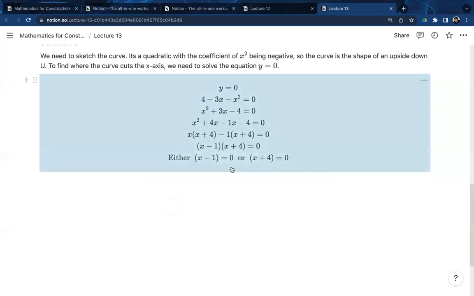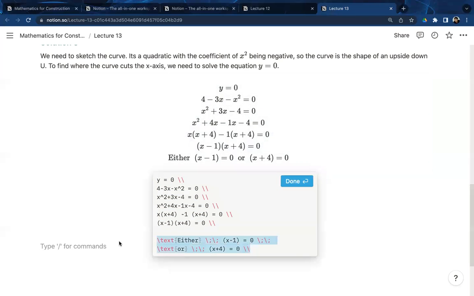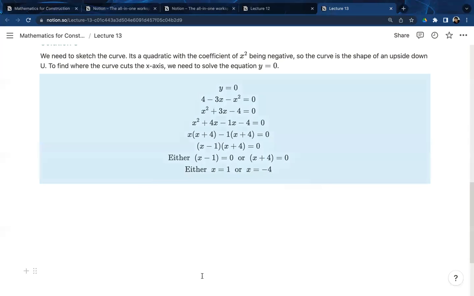So if you multiply two brackets and you get 0, one of them better be 0, okay? At least one of them is 0. Because both brackets have a solution for x, they can't both be 0 at the same time, because it means x will have two values at the same time, which is madness, okay? Do this again. Either x equals 1 or x equals -4, okay?